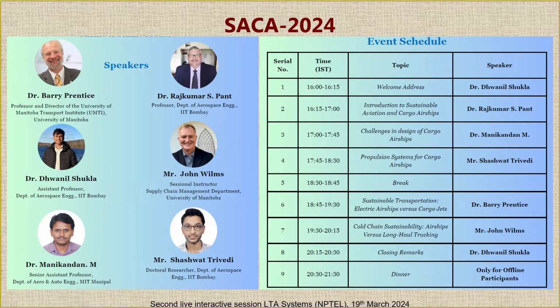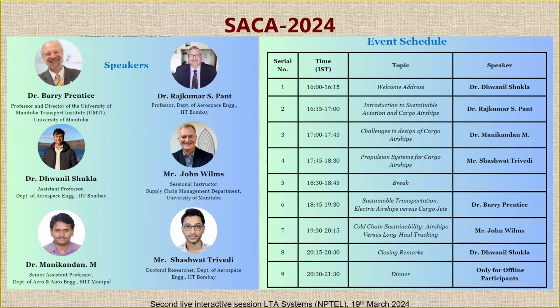Dr. Barry Prentice and Mr. John Williams will give the talks from University of Manitoba in Canada, and the remaining 4 speakers have links to IIT Bombay. 3 of us, that is myself, my colleague Dr. Dhwanil Shukla and a PhD student by the name Shashwat Trivedi, will cover aspects, and Dr. Manikandan, who has done his PhD from IIT Bombay recently, will join online from MIT Manipal.